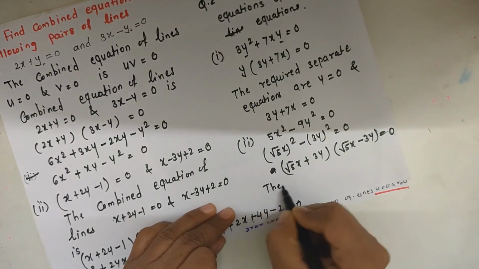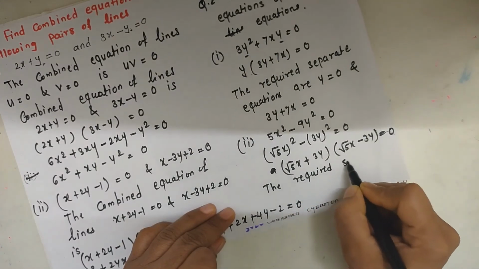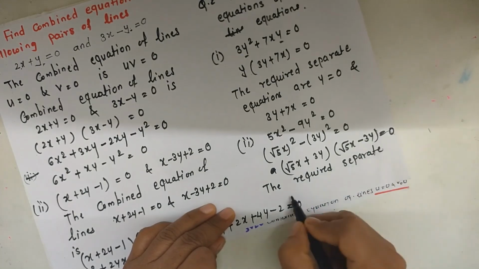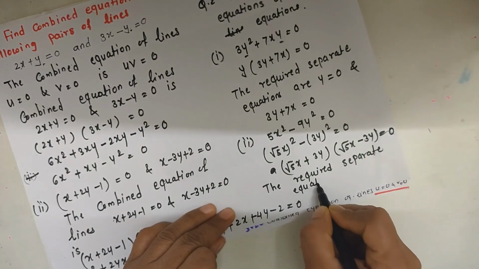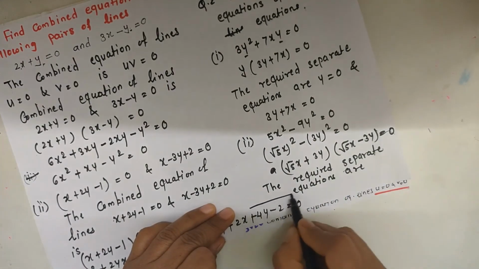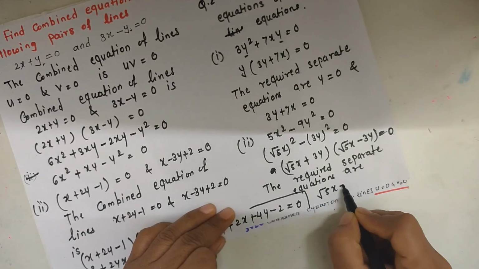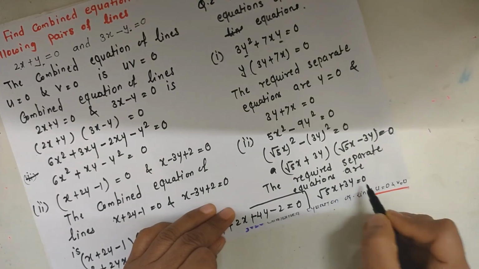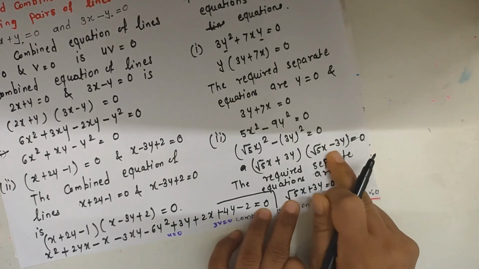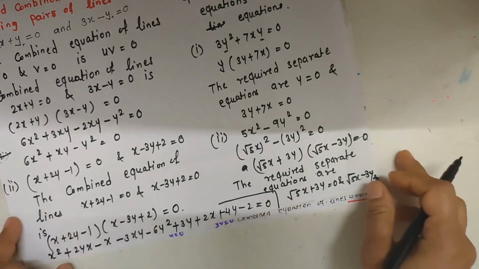So the required separate equations are root 5x plus 3y is equal to 0 and the second equation root 5x minus 3y is equal to 0.